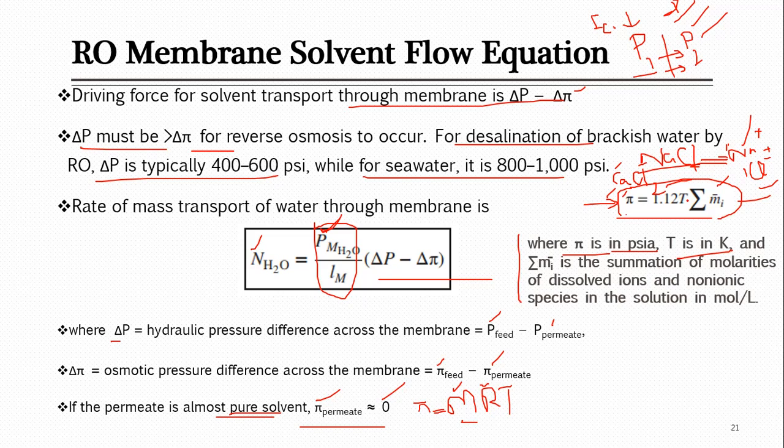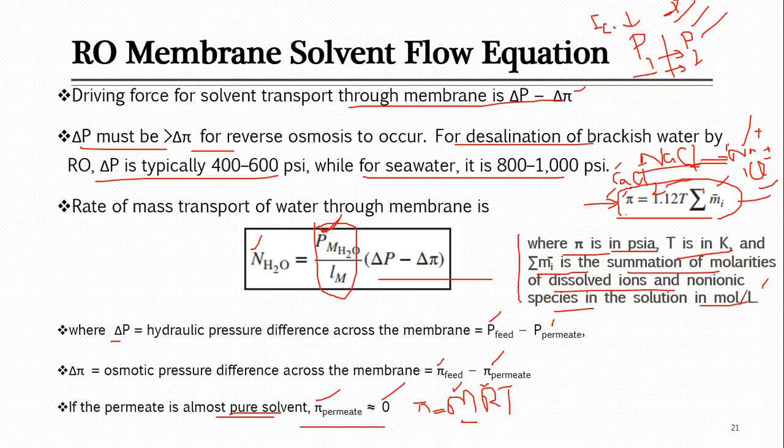When you use this equation, use T in Kelvin, and this M_i is the sum of molarity of all components, that's the summation of molarities of dissolved ionic and non-ionic species in mole per liter. Suppose there are ions, and sometimes there can be impurities which are even non-ionic, but they are available inside the system, so they will also be calculated, and the final unit of molarity is in mole per liter.